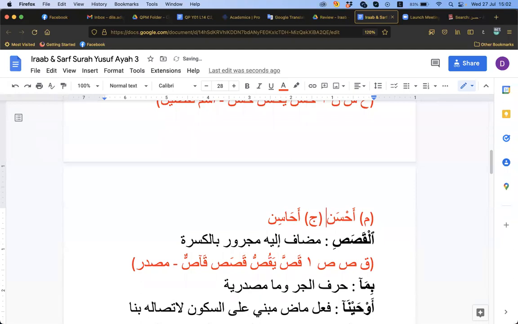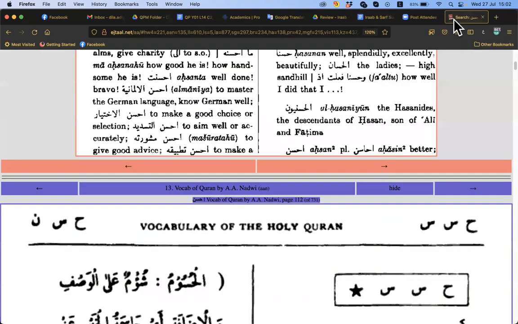This word is mamnu min as-sarf because it is in the pattern of akbar. Ahasin is also mamnu min as-sarf because it is in the pattern of masajid. The number 2 on the ashtel that you see on both Ahsan and Ahasin is telling you that it is mamnu min as-sarf.